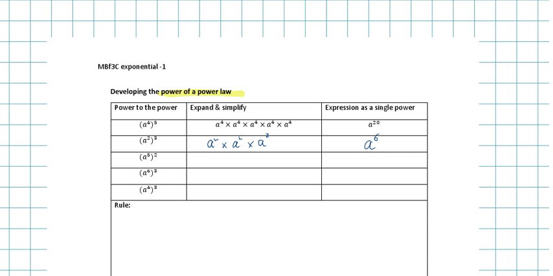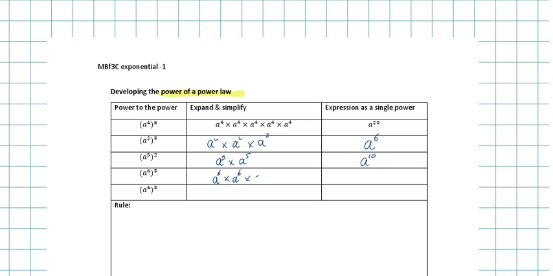How about the next one? a^5 times a^5, which is a^10. Next one is a^6 times a^6 times a^6, which is a^18.